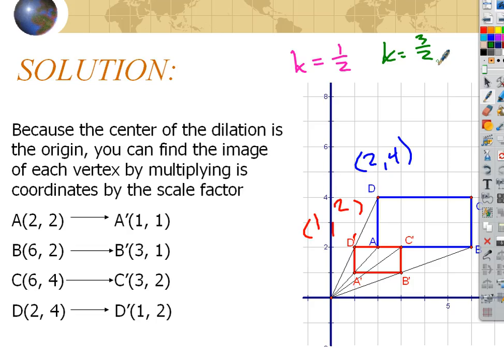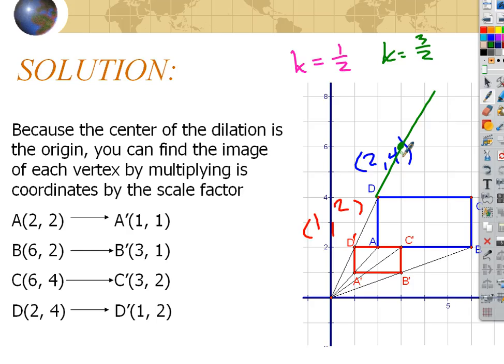So if I had multiplied this one point right here, point D, by 3/2, what's 3/2 times 2? 3, right? So we would have been over 3, and instead of 4, what's 3/2 times 4? 6. So we would have been over 3 and up 6 right there. Notice that's still on that line, right? We would have been right there for that upper corner. Make sense?